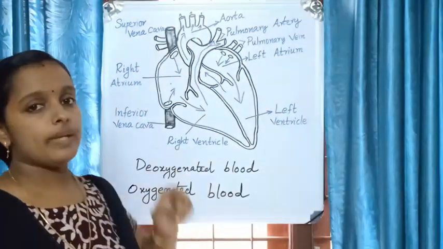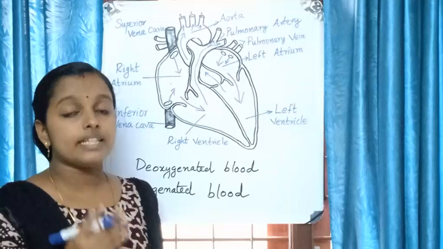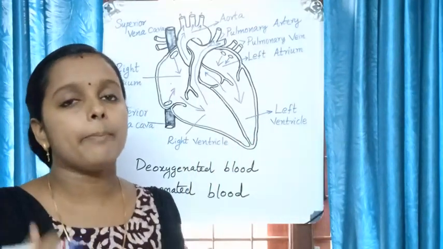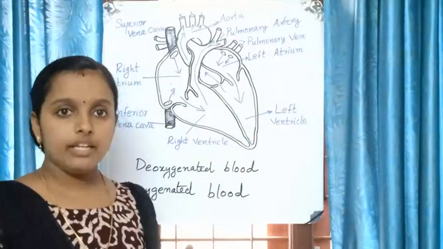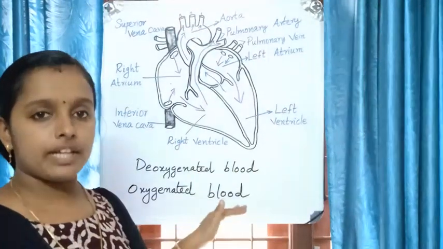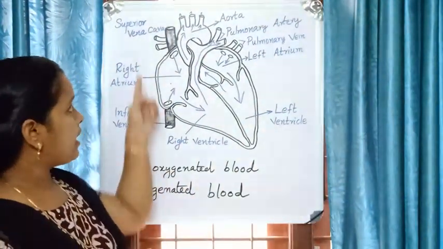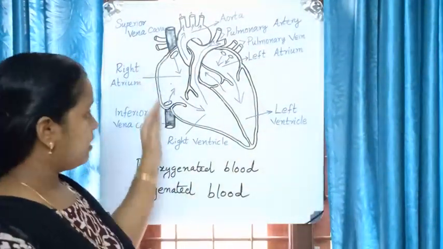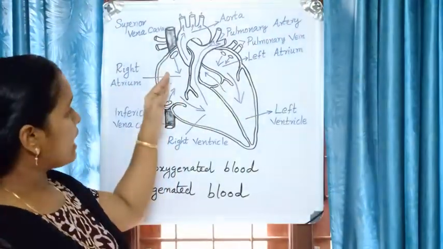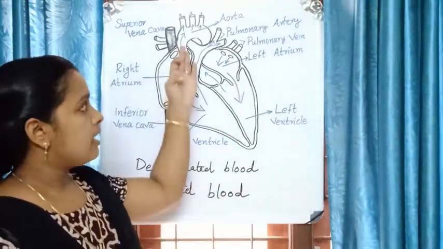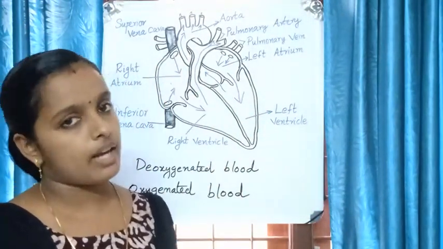This aorta will transport the oxygen rich blood into different parts of our body. Again, from the different parts of the body after respiration, the inferior and superior vena cava will distribute blood into the right atrium. So, my dear students, this is the structure of the heart and blood circulation through our heart.